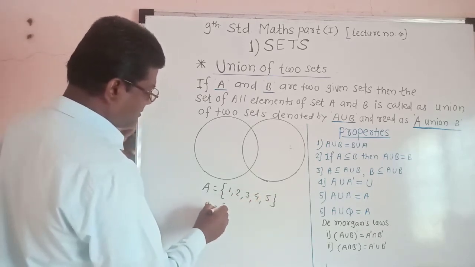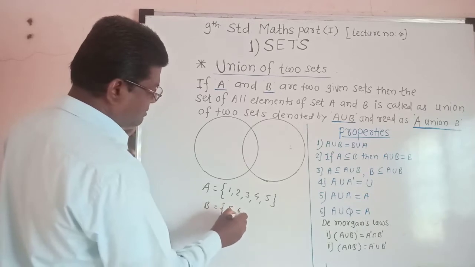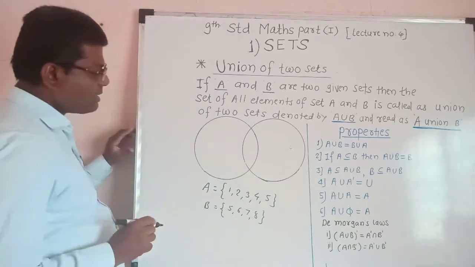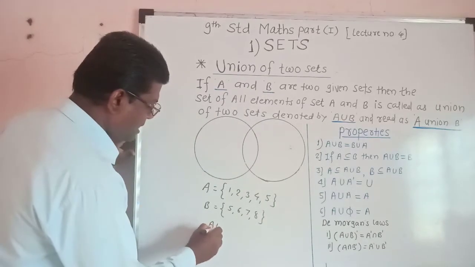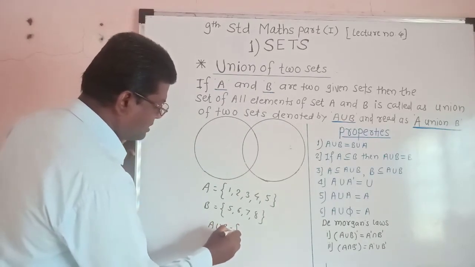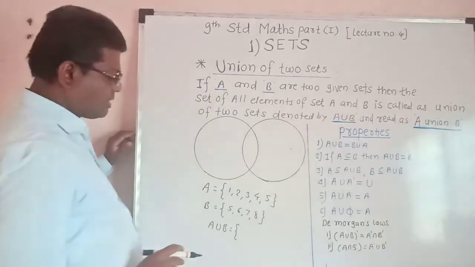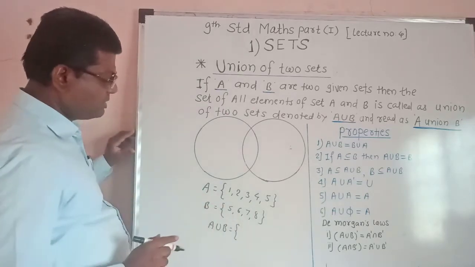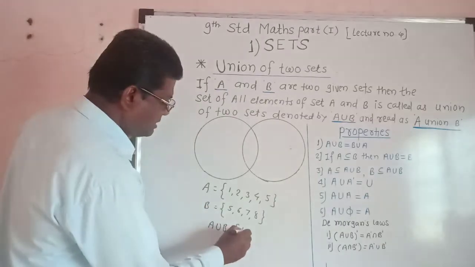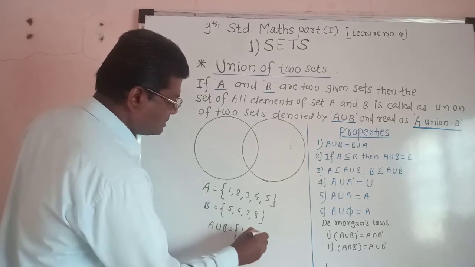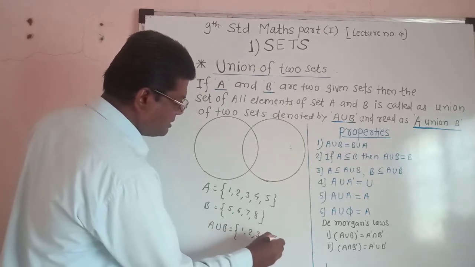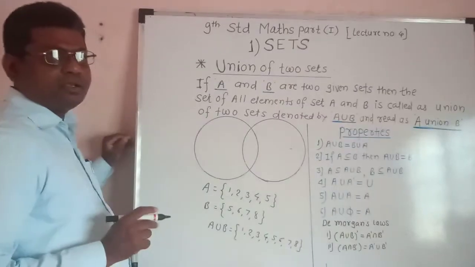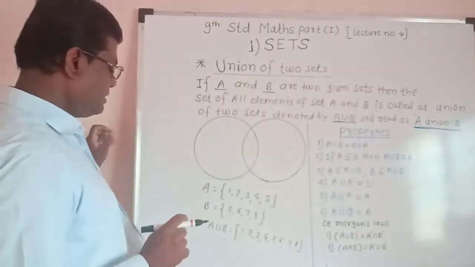And set B is the set of elements 5, 6, 7, 8. Then A union B is the set of all the elements which are in A and which are also in B. So we have all the elements 1, 2, 3, 4, 5, 6, 7, 8. This is called the union of A and B.